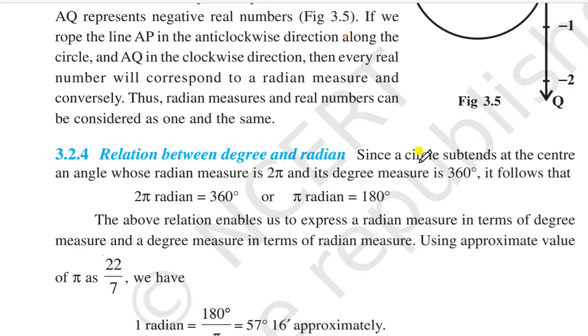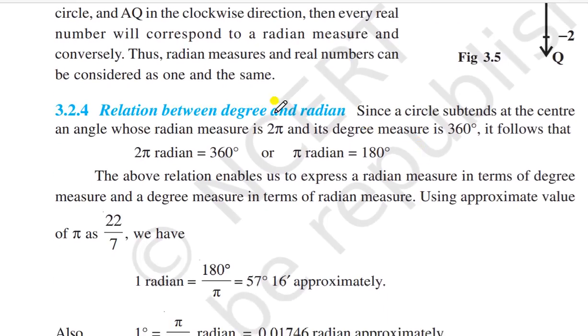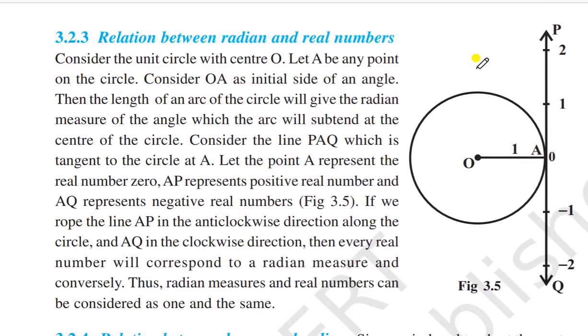And the relationship between degrees and radians is similar, because when we rope this onto this like this, this will be 1, right? And this will be 2. So this will be 360 degrees, and this will be 180 degrees, and this will be 90 degrees.